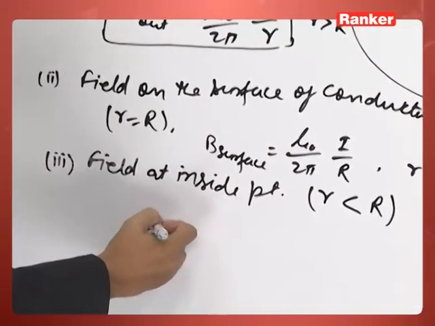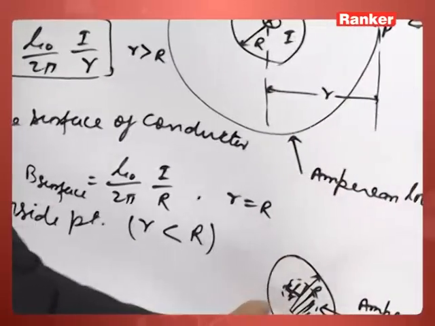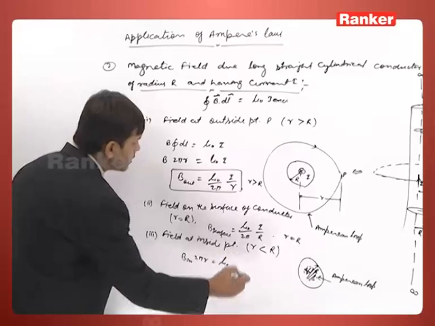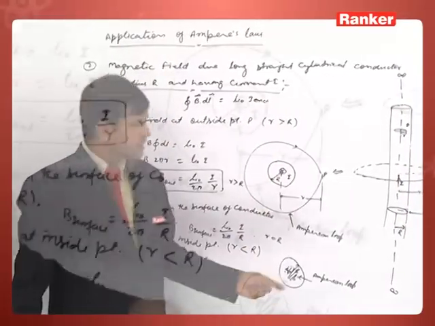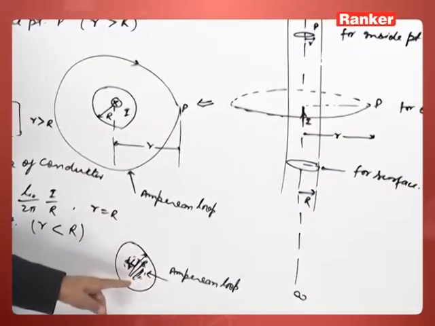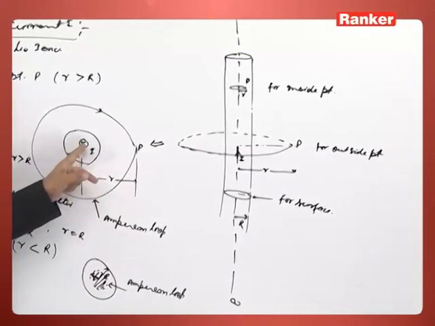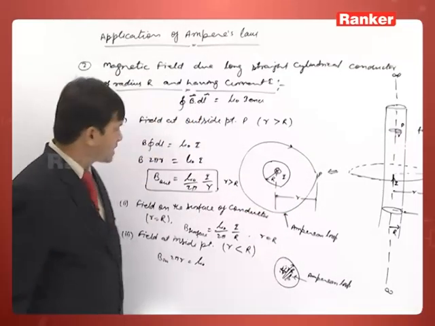So B inside into 2 pi r, because this circumference is 2 pi r, mu naught. Now the question is, what is the enclosed current? The current which is enclosed by this Amperian loop. So the total current I was associated with the cross sectional area pi R square.